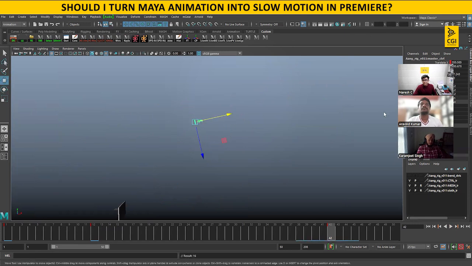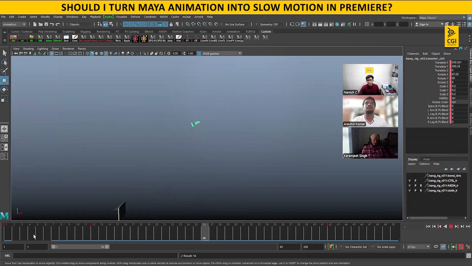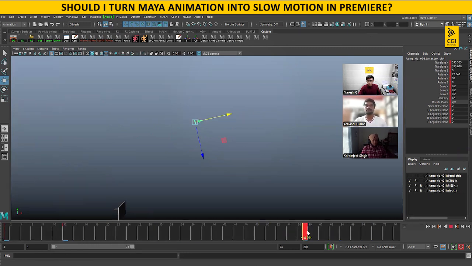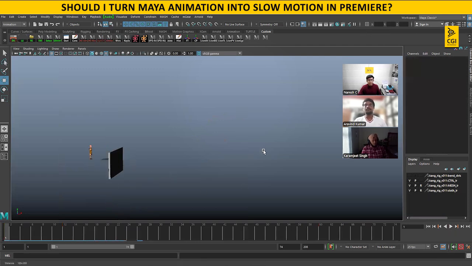Now my spacing is less and my timing is more. So when you play it, it goes like this. We do slow motion like this.